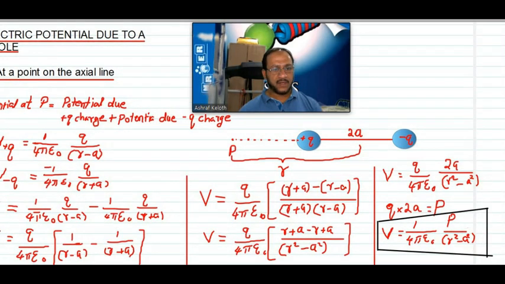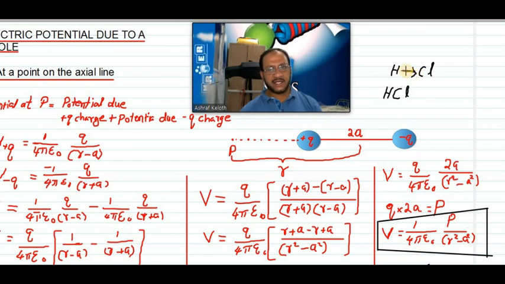Now, what is an ideal dipole? An ideal dipole means the dipole axis length is very, very small, like a molecule of HCl. In a molecule of HCl, hydrogen and chlorine, chlorine is more electronegative, isn't it? Yes. Since chlorine is more electronegative, the two electrons of the covalent bond are shifted more towards chlorine.